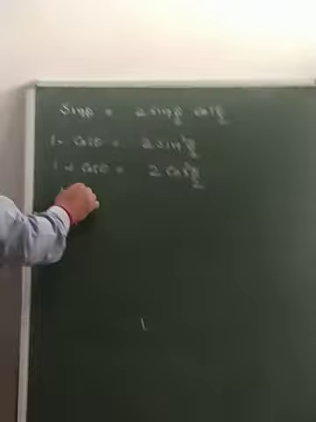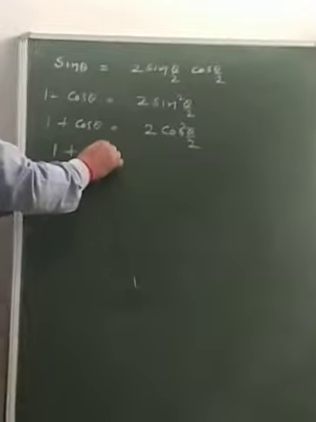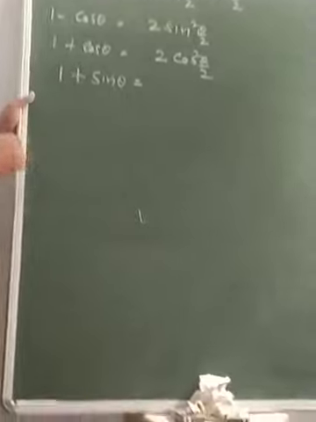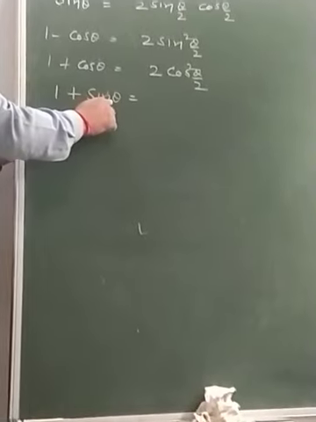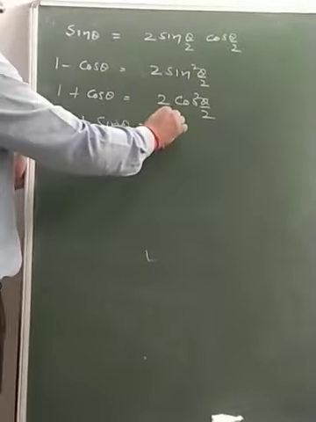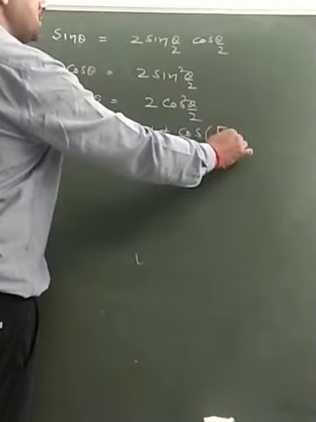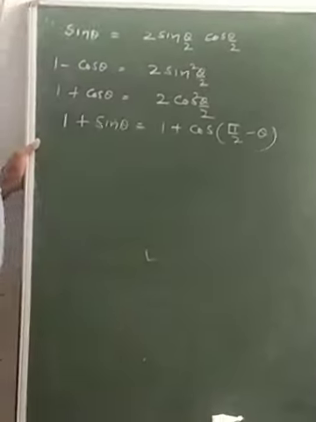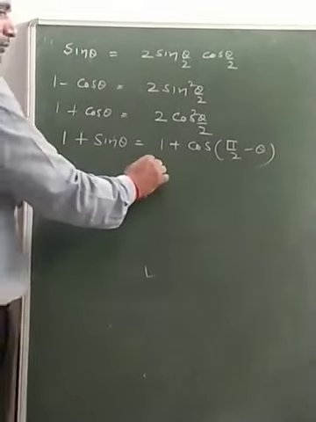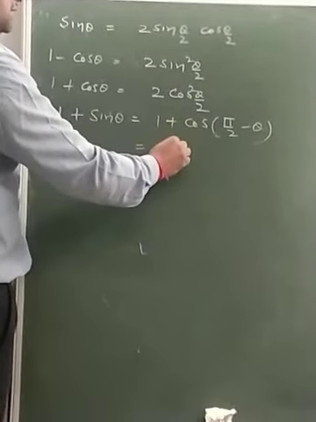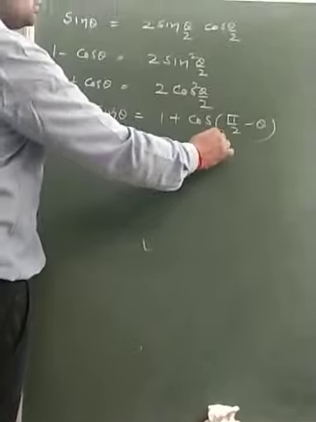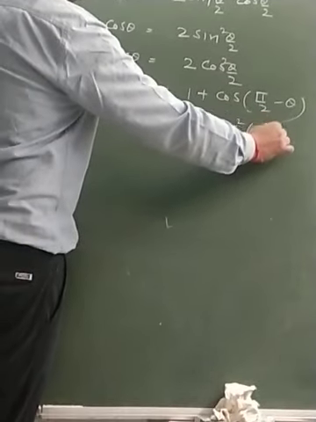Similarly, if we have only 1 plus sin theta, first you will change sin as cos. Sin theta is written as cos of pi by 2 minus theta. Now we will apply the property 1 plus cos theta is 2 cos square theta by 2.